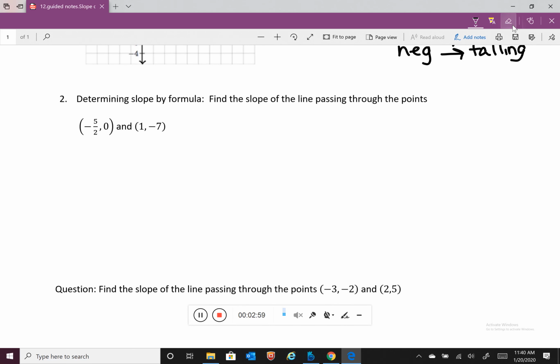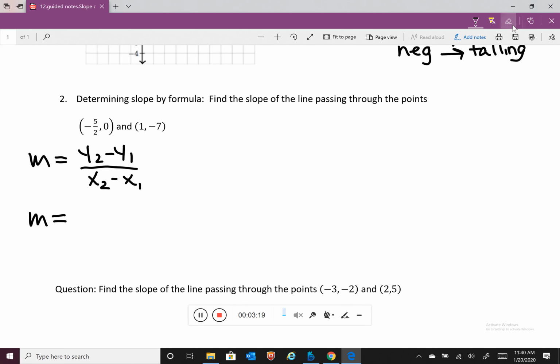Our next example is actually determining slope by the formula. So please remember that our formula for slope is y2 minus y1 divided by x2 minus x1. So there are a lot of things that we're actually going to handle in this problem for review.